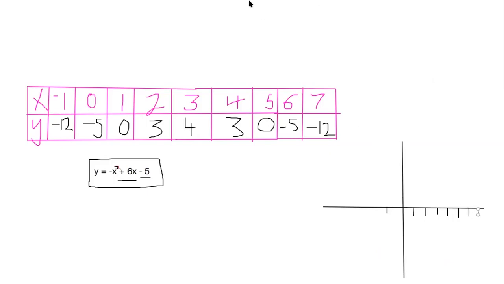And then for our y-axis, we need to have a negative... I think I might go down by 2s. Yeah.